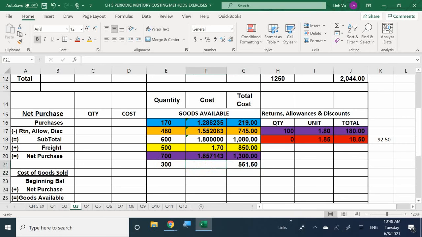So in this case, my new cost per item is going to be 1.8383. Good. And this is now my red batch. That's what it is now.